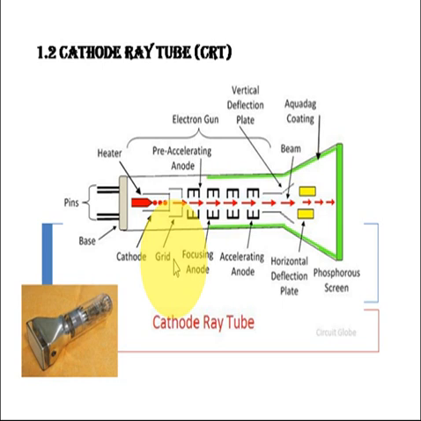Basically CRO is used in many applications, such as in laboratories. They are used in industrial applications for measurement purposes, and in experimental setups also. So basically the CRO is a very useful instrument of electronics.